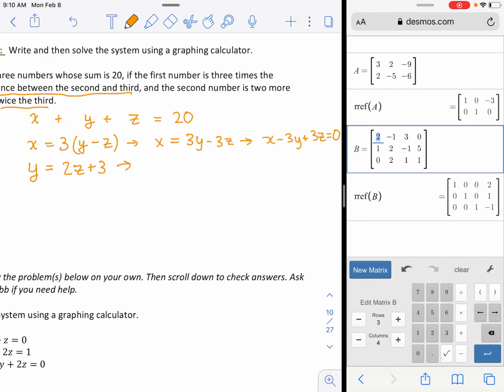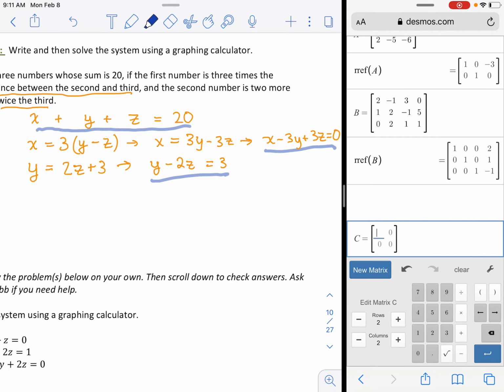And then here, I'll subtract my 2z, leaving me y minus 2z equals 3. And then here are my 3 equations that are ready to type in and use row-reduced echelon form, or the Gauss-Jordan method, to get their values.